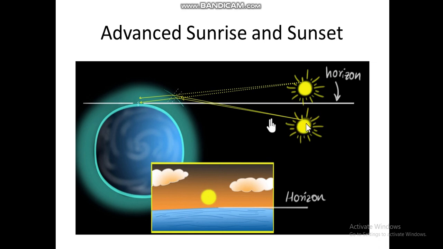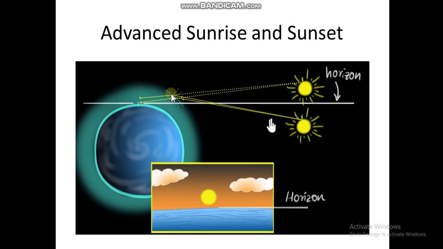So the sun is coming up from this way, and when it comes here, the light starts reaching our eyes because of atmospheric refraction. Actually, a human being is present here, and the light travels in such a way that the person should not see the light, because the light is traveling in a straight line.